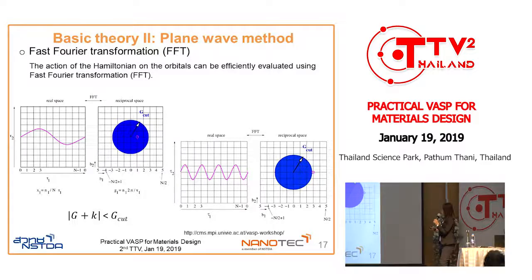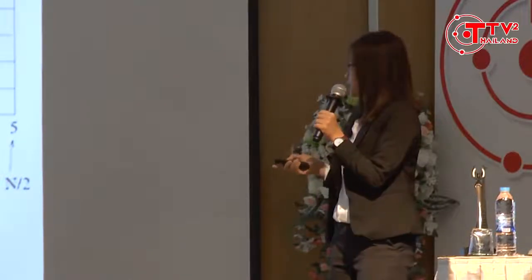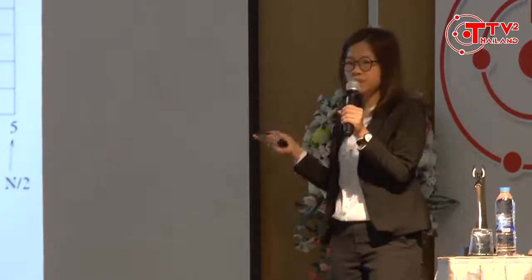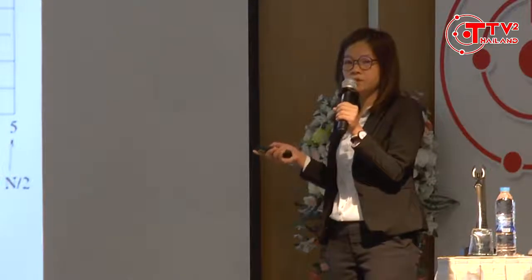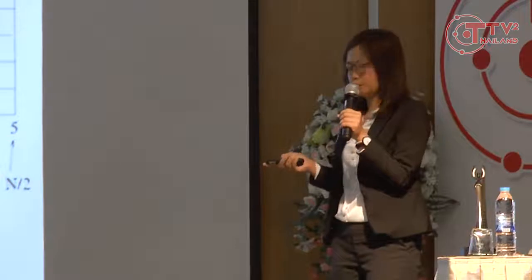But a plane wave that has higher kinetic energy, located outside this G cutoff value, won't be included in the calculation. So this is the parameter that you need to test before doing calculations. For each system, it might require a different value.